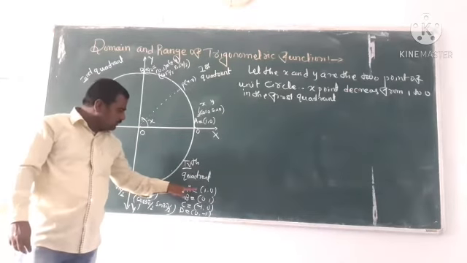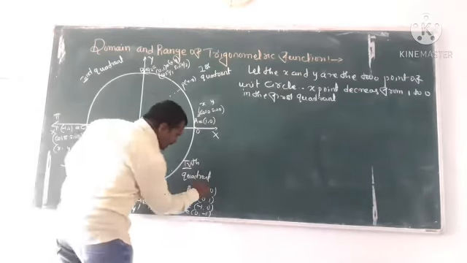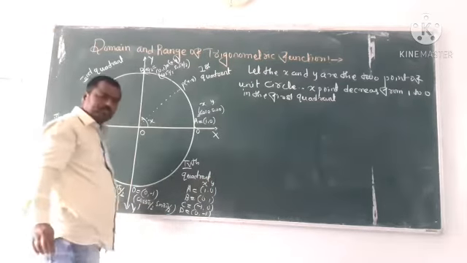So look at this one, 1 to 0 is only the x point, and this is the y point.